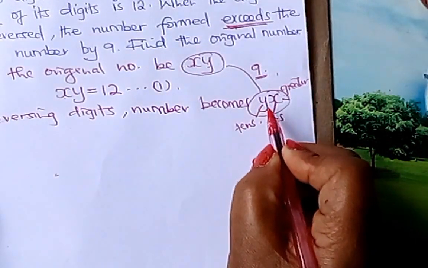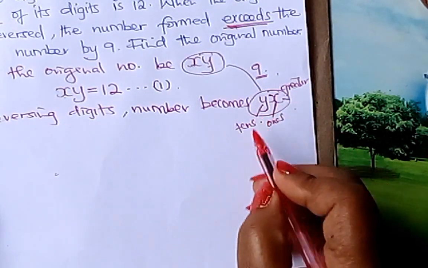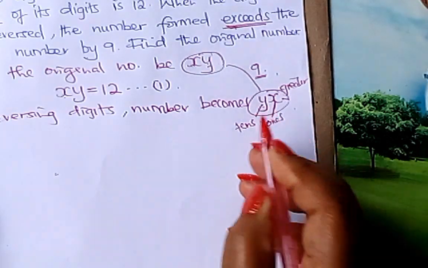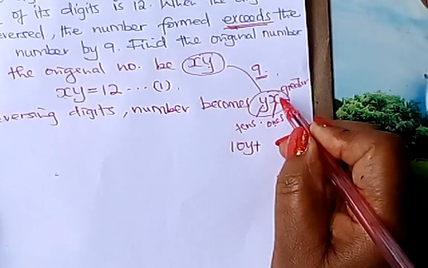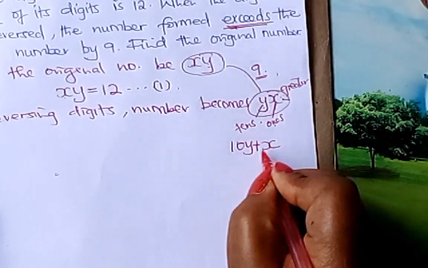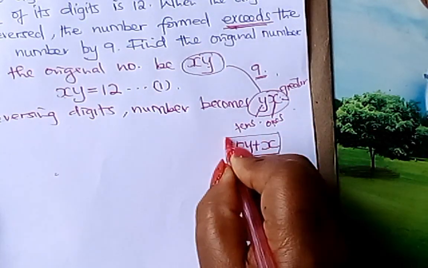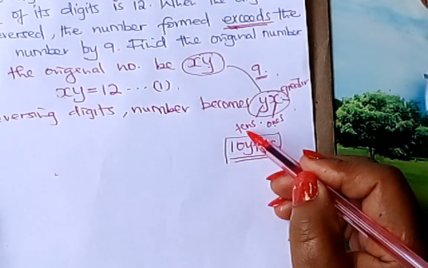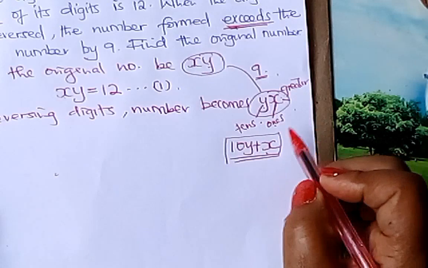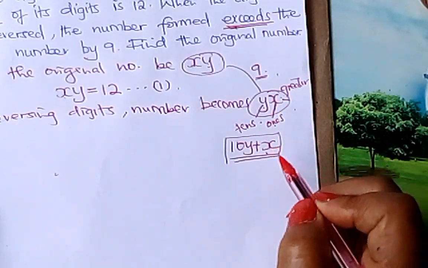So the total value for this number will be 10 times y, which is 10y, plus 1 times x, which is x. So 10y plus x.